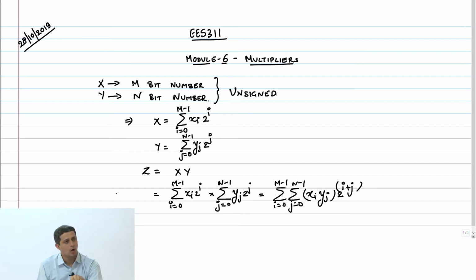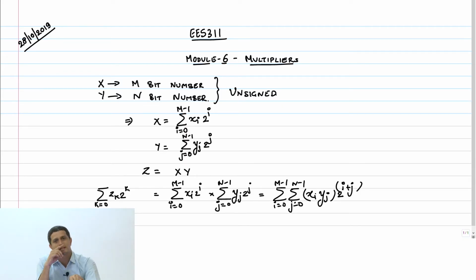And I am now going to write this as a sum of zk 2 power k. K is going to go from 0. If you take i equal to 0, j equal to 0, clearly i plus j will also be 0 there. So it starts from 0.